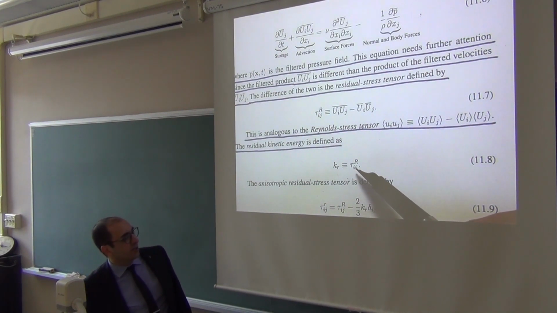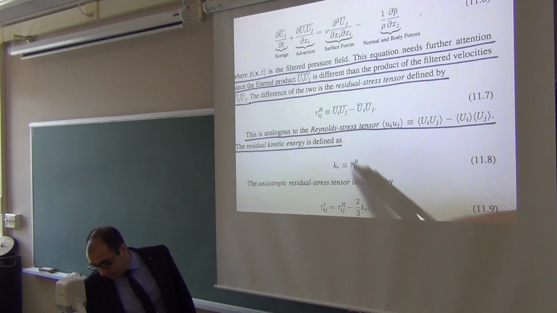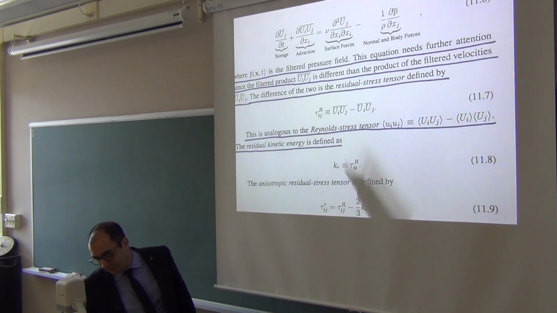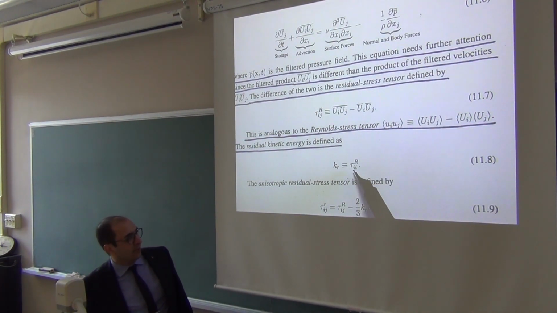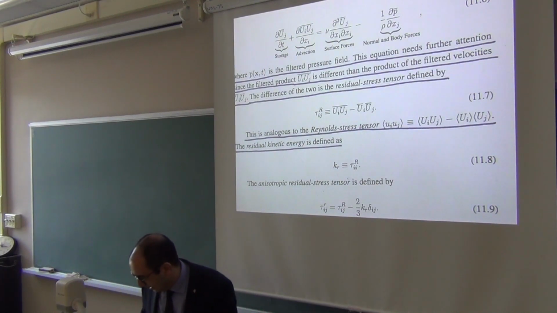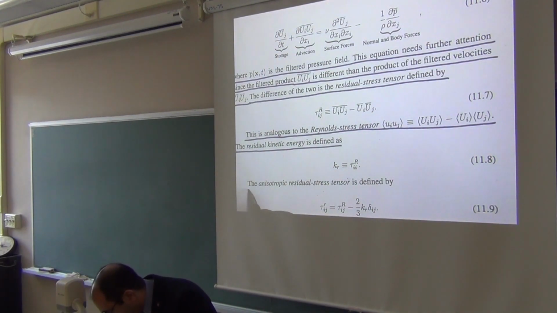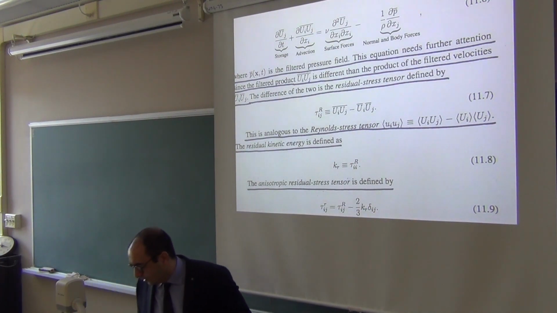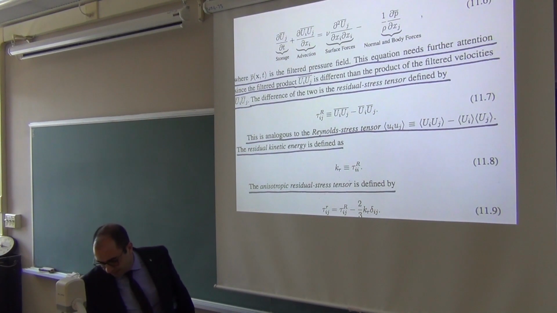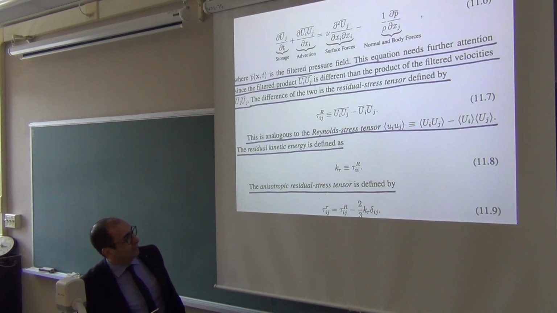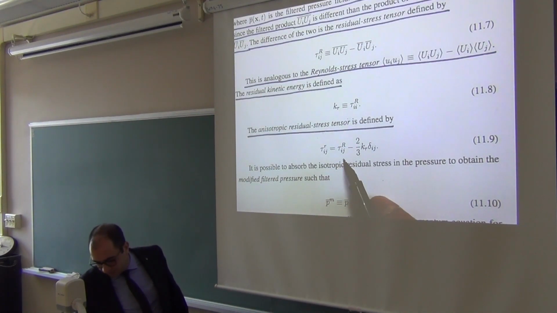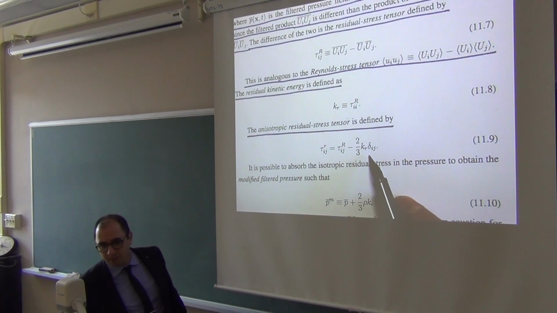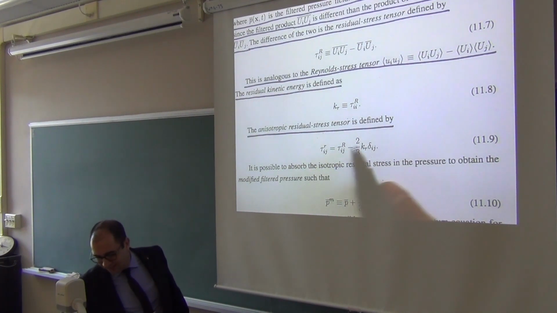Again, with Einstein notation, that would be the residual stress tensor summed over x, y, z. Okay, so just terminology, and then I can separate an isotropic part in this way. So I can express the anisotropic residual stress as the total residual stress minus the isotropic part. Again, very analogous to what we did in the other chapter.